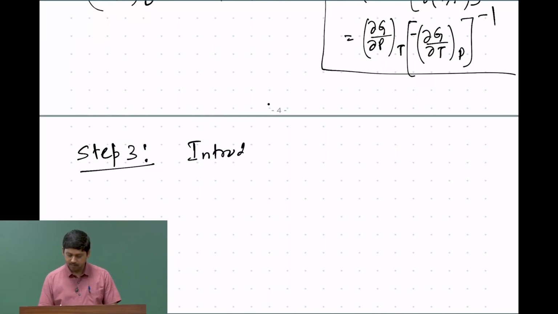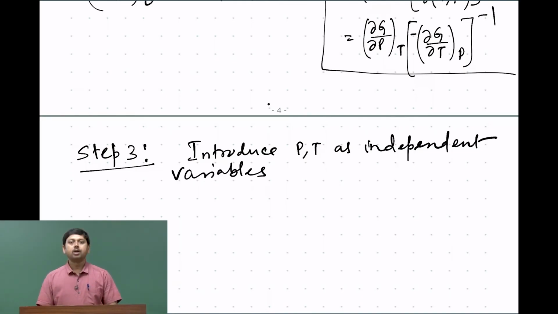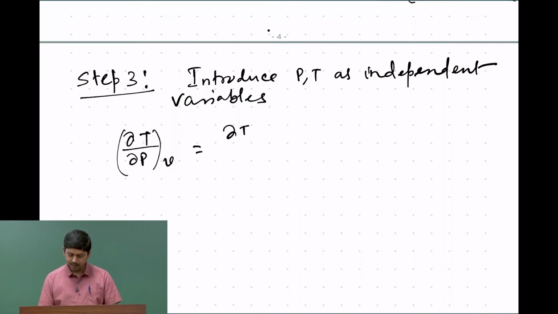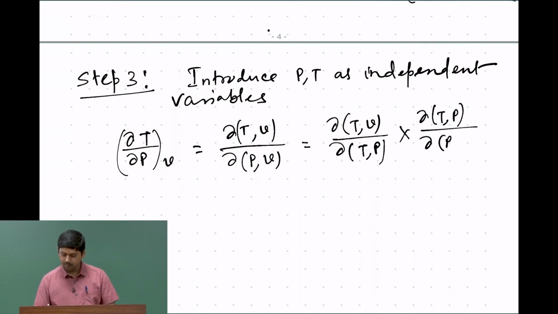You will see it is extremely beneficial to introduce these two variables as independent variables, because many of the heat capacities use P and T. So, for example, if you have del T by del P at a constant volume, you can write that as del (T, V) and del (P, V), and then you can have del (T, V) and then del (T, P), you can bring it, for which you have to multiply with (T, P) and you have the (P, V), and you will see immediately you will get some interesting thing.